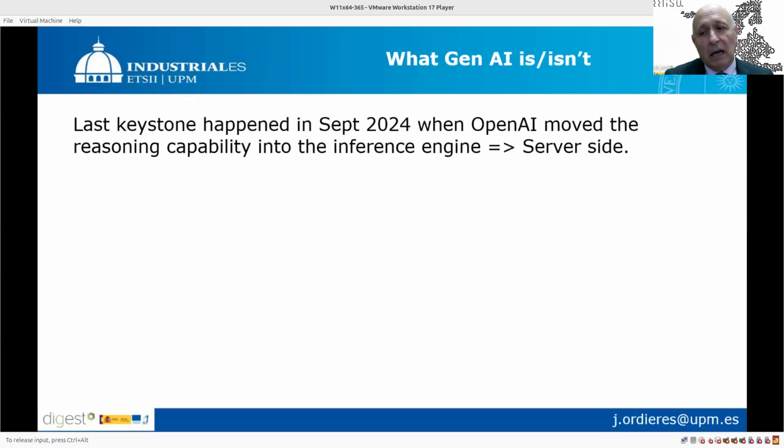Well, and the last key aspect happened in September 2024 when OpenAI moved the previously mentioned chain of thought capabilities inside the model, inside, let's say, the server side or the core of the LLM itself. Why? Because then the instruction for the LLM was to explore different alternatives step by step, and before answering the user, assess independently each of the different potential ways of handling the question.